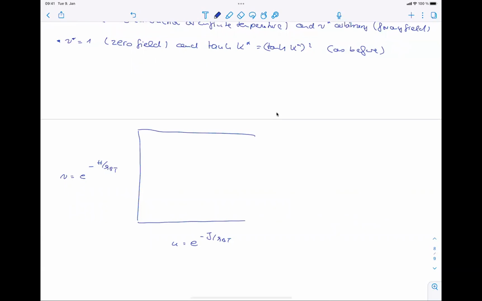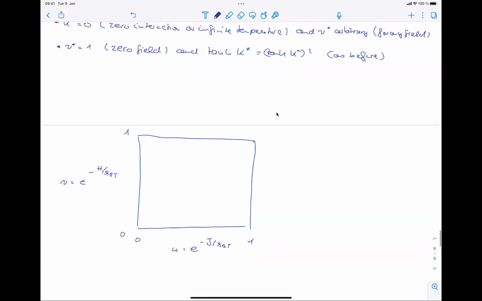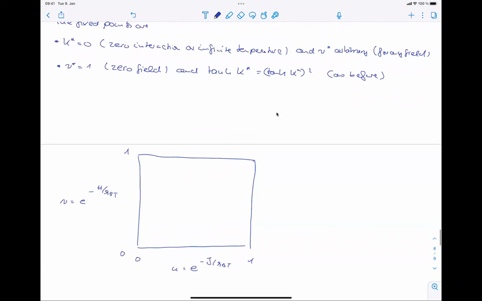So remember, U and V both go between 0 and 1. And now I have a fixed point at u equals 0, v equals 1, which is determining the dynamics of my flow.